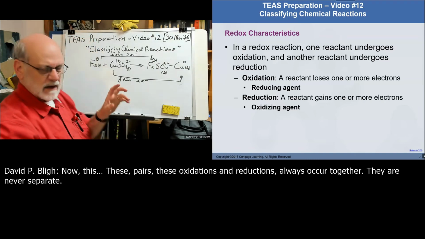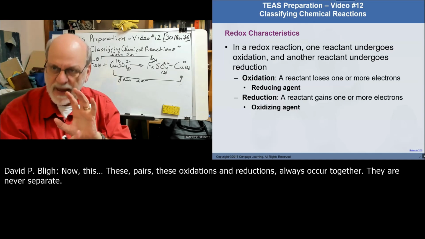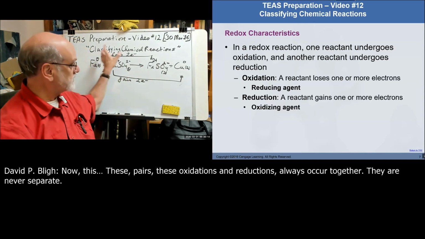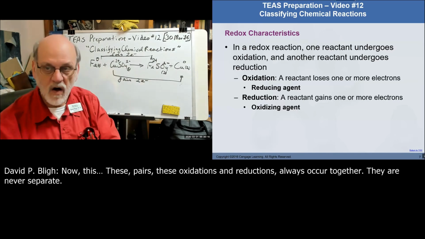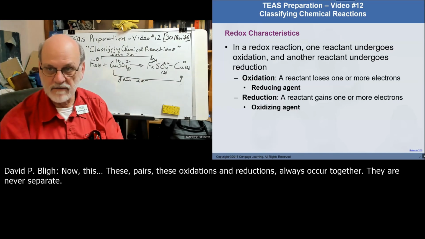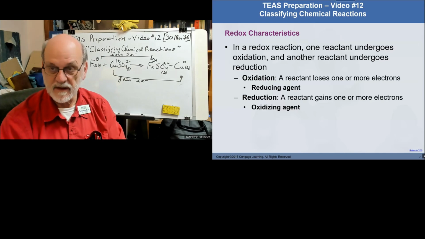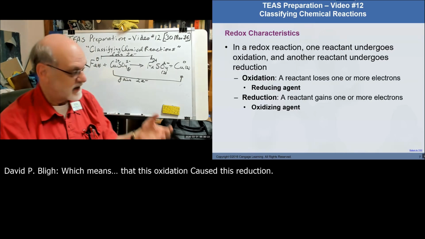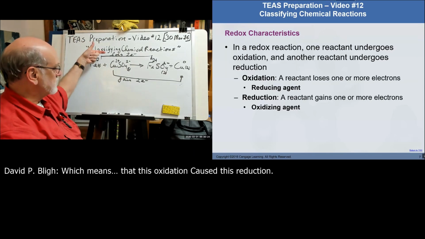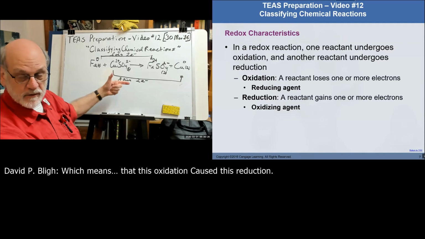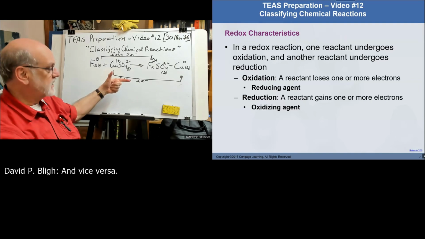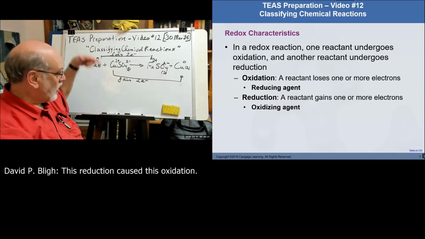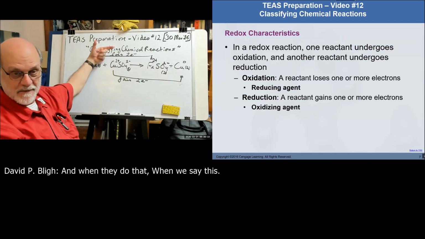Now these pairs, these oxidations and reductions always occur together. They are never separate, which means that this oxidation caused this reduction, and vice versa. This reduction caused this oxidation.